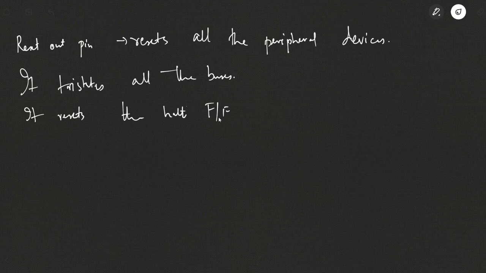Fine. In the program counter that we will be studying later on, you can see the address 0000H is assigned to the program counter. All the control signals are tri-stated. These are various actions that the microprocessor performs during the reset state.